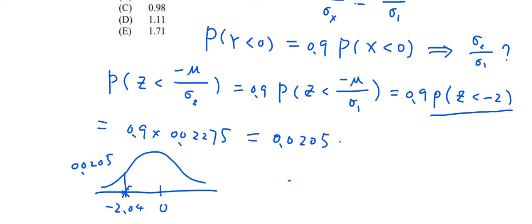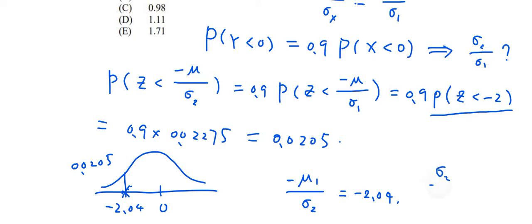So we get negative mu over sigma 2 should equal negative 2.04, so we can find sigma 2.